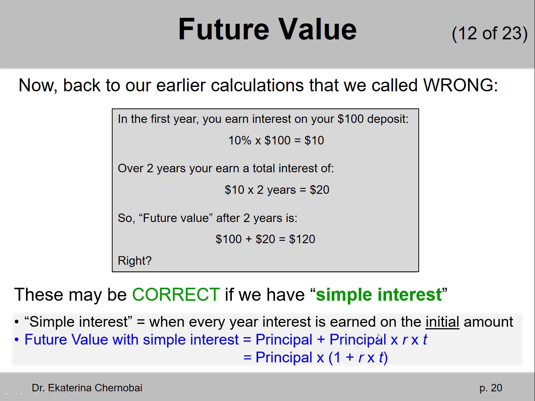And this again can be simplified by factoring out principal and multiplying it by 1 plus R times T. So notice how the future value with simple interest formula is actually similar to the future value with compound interest formula. The only difference is here T is inside the parentheses rather than the power.